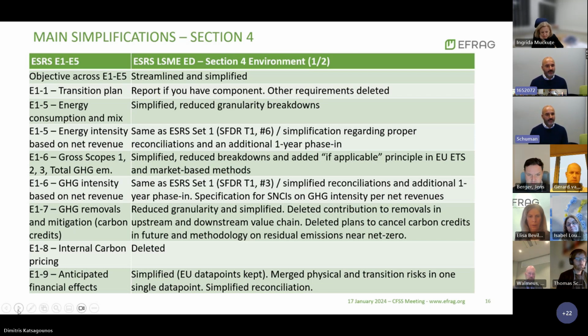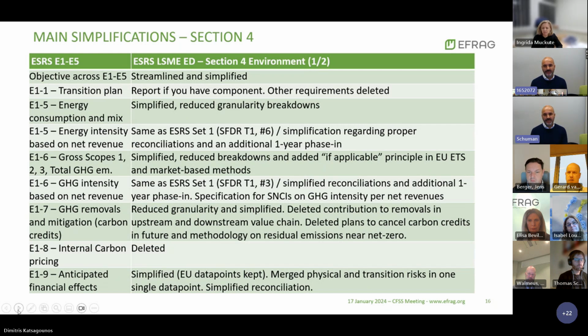For scope GHG emissions, we have simplified the content, reduced the breakdown, and added, if applicable, the principle on the EU emission trading scheme and on the market-based methods. For the GHG intensity based on net revenue, we have the same content as in set 1 due to the fact that this is an SFDR data point.